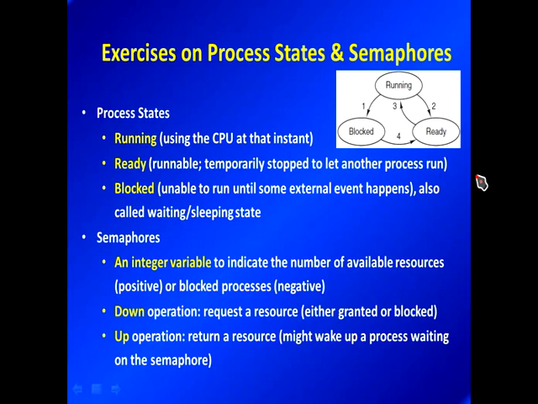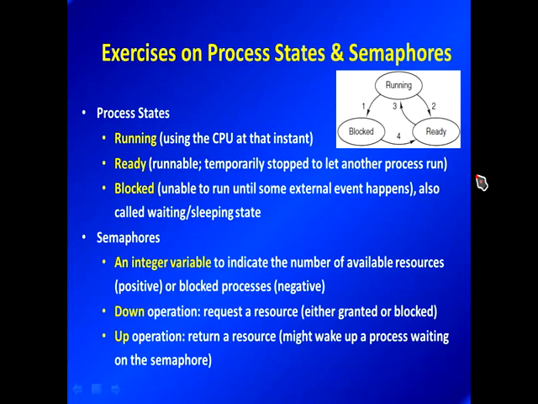As for the blocked state, it means these processes are unable to run until some external event happens. For example, if a process is waiting for another process to get out of the critical region, then this process is blocked.